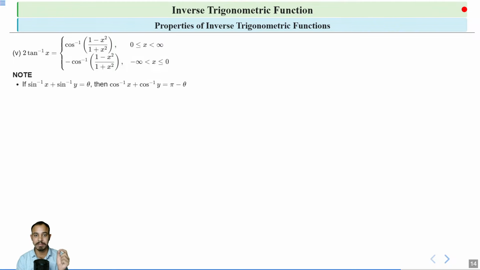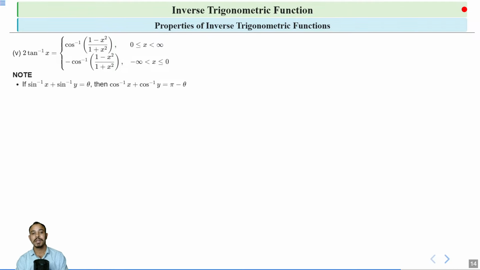So if we have sin inverse x plus sin inverse y equal to pi by 2, then everyone find cos inverse x plus cos inverse y equal to what? Write your answer. For that, you will subtract pi by 2 from pi, and you will get the answer. So cos inverse x plus cos inverse y is equal to pi minus pi by 2, that is equal to pi by 2.